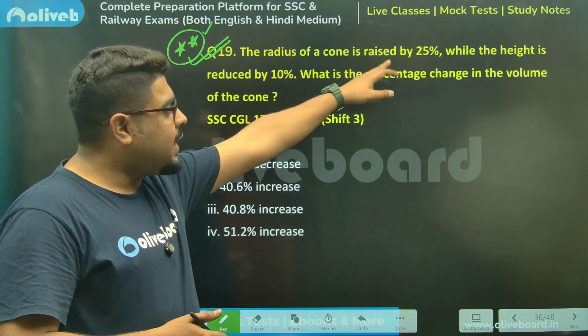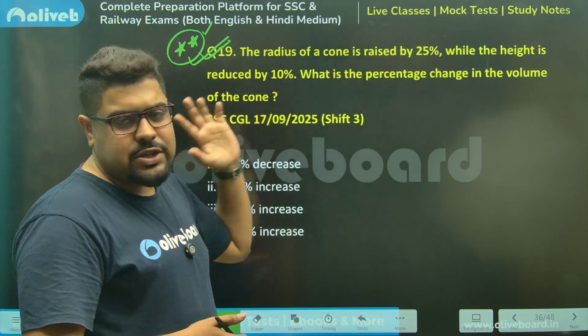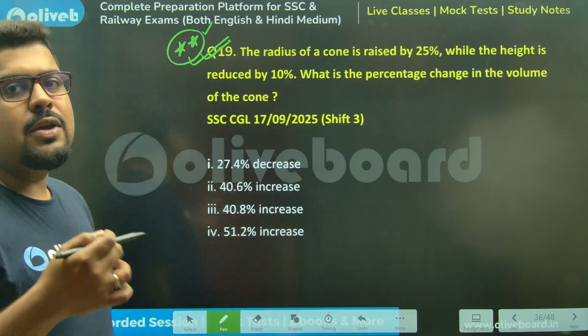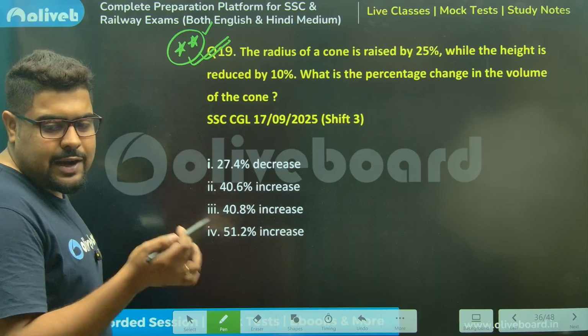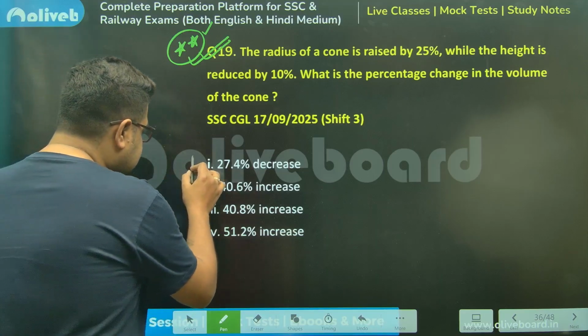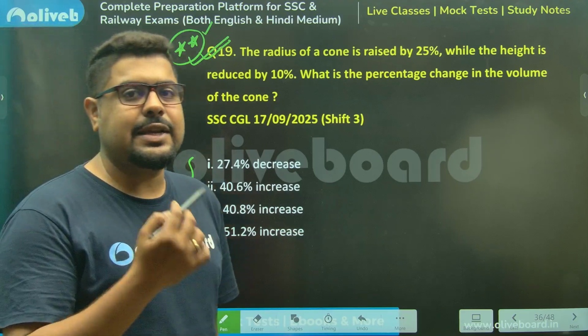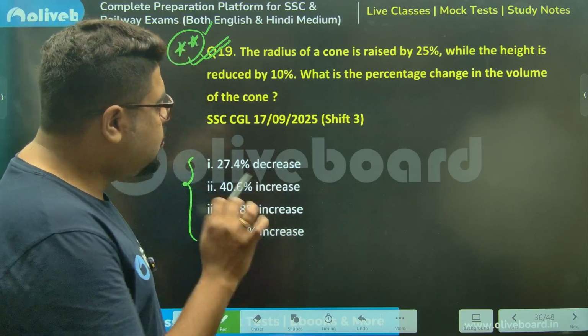So twice 25, then our calculation, there is a chance we will get something which is not very friendly. So options also kind of signify the same thing. I'll show you both.